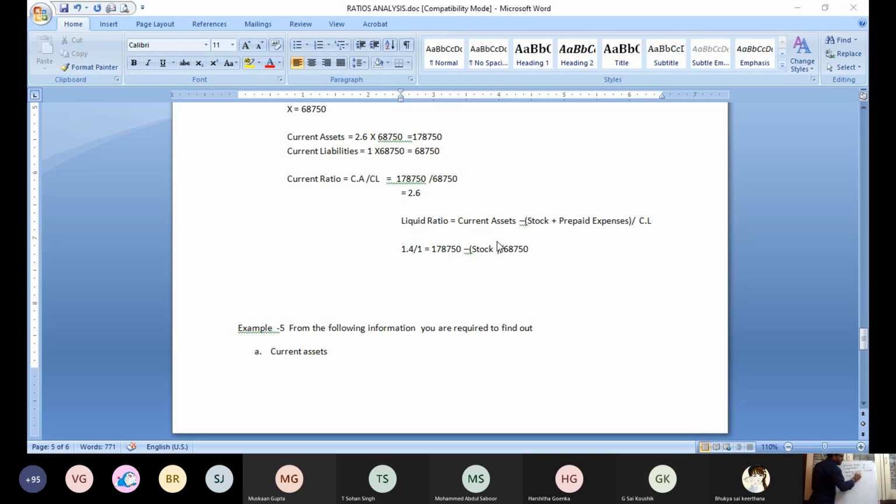Find number 1, current assets. Number 2, current liabilities. Number 3, stock. Please note down this problem. So you can expect 100% one problem, maybe for 2 marks, maybe for 10 marks. Okay?